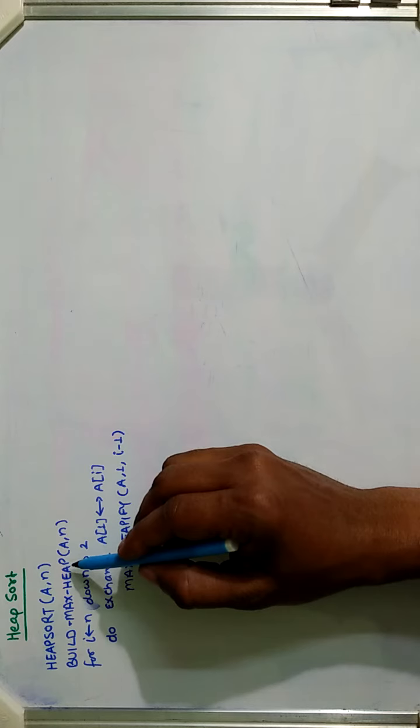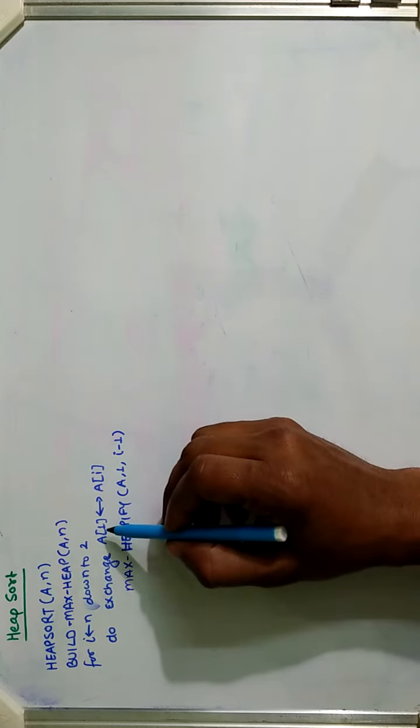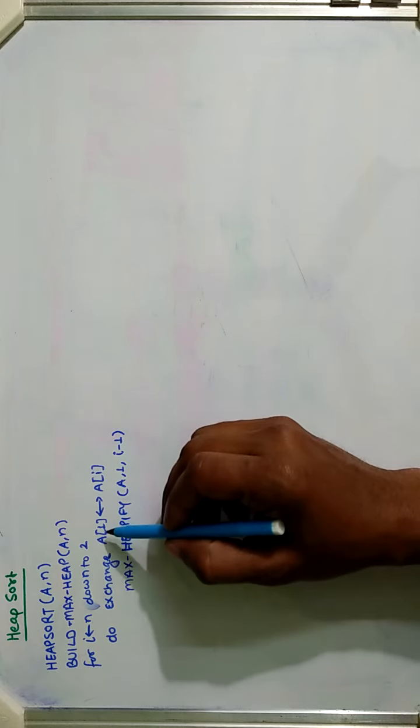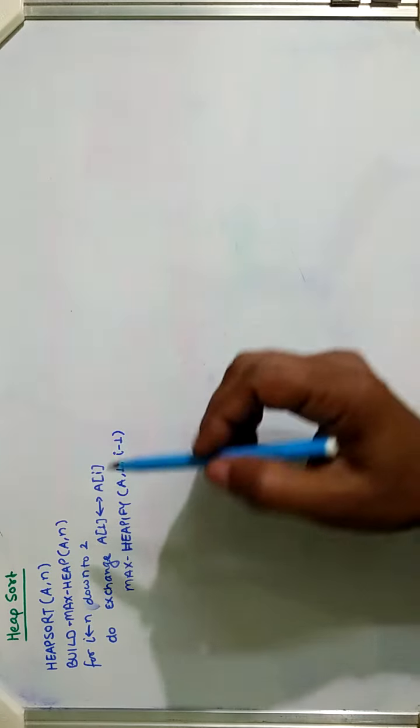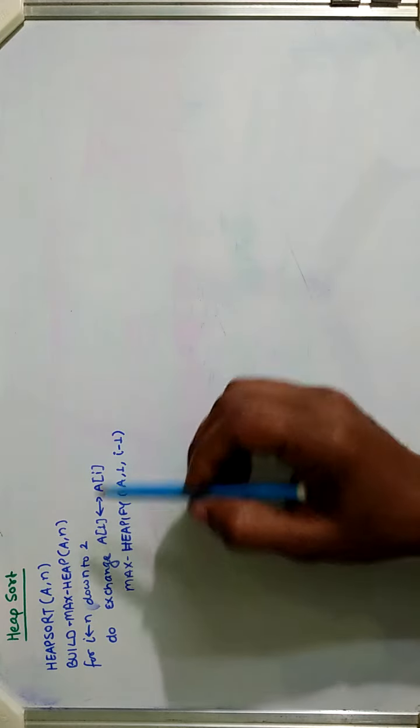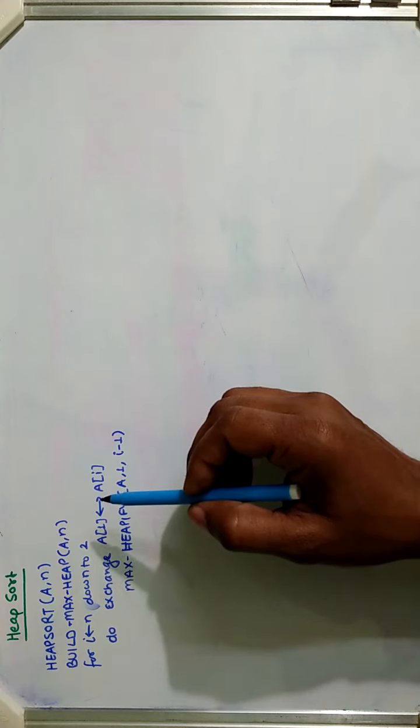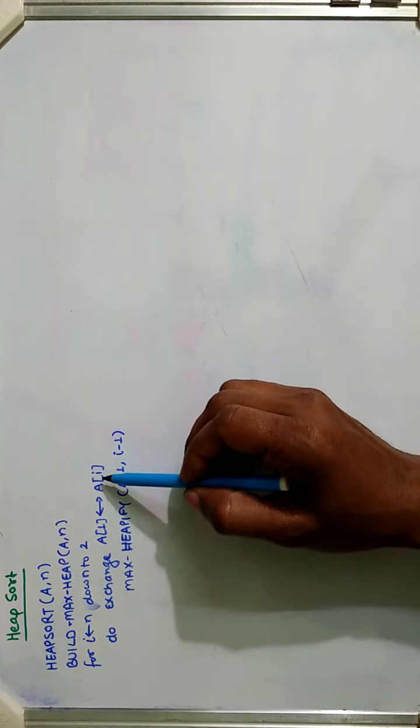Then we start from the root, which is the maximum element, and the algorithm places the maximum element into its correct place, or into some auxiliary array, by swapping it with the element in the last position in the array.